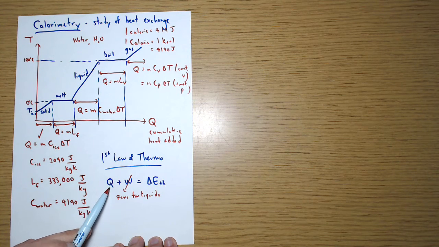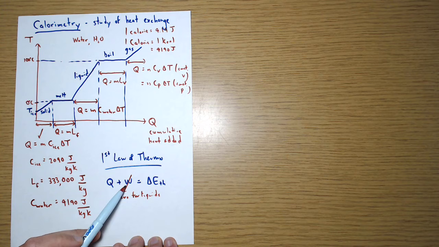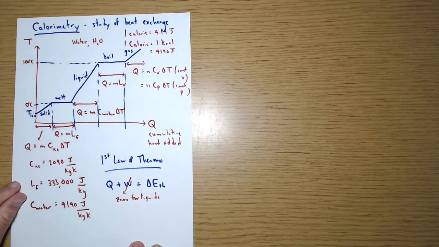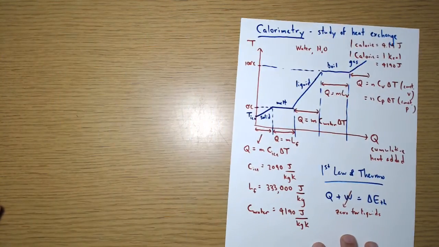So remember, heat, or Q, sometimes we call this heat, is a thermal transfer of energy, whereas work is a mechanical transfer of energy. And since you can't compress a fluid, specifically water, it's nearly incompressible, there's no work done on a fluid.